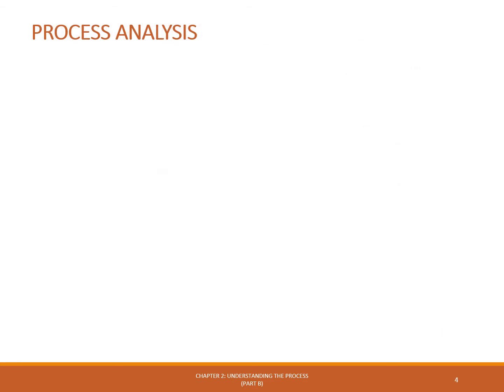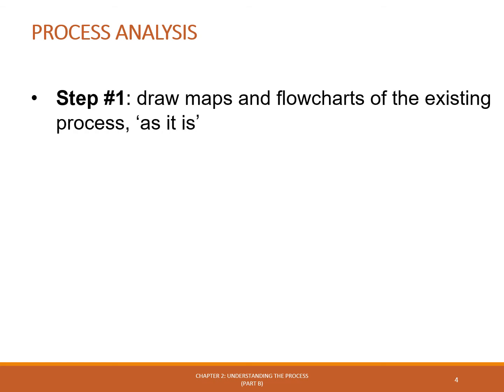It's also important to make some comments about how we can use flowcharts to analyze an existing process, to identify possible bottlenecks, and then propose improvements. For this purpose, a group of people with knowledge about the process should follow three simple steps. In step number 1, they should first draw flowcharts of the existing process as it is.